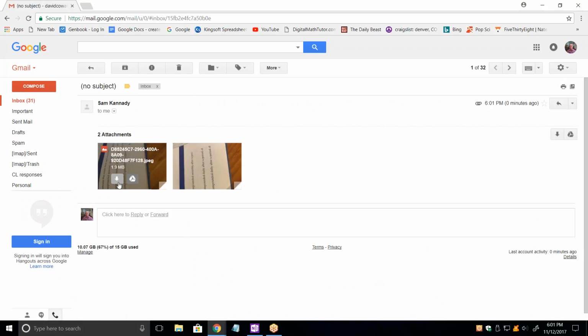I guess that's fairly typical. One on the left first. Sure. It's a JPEG file. They've all been JPEG files? I believe they have, yes. Okay.